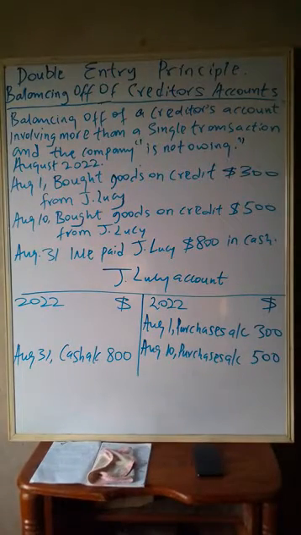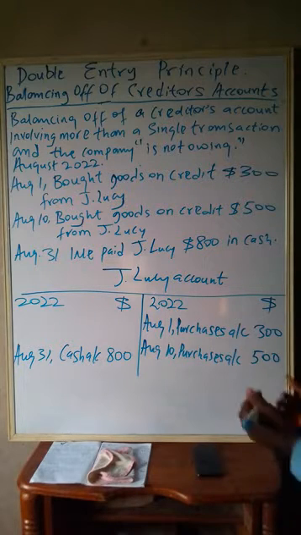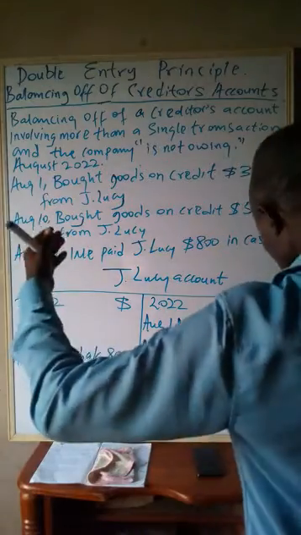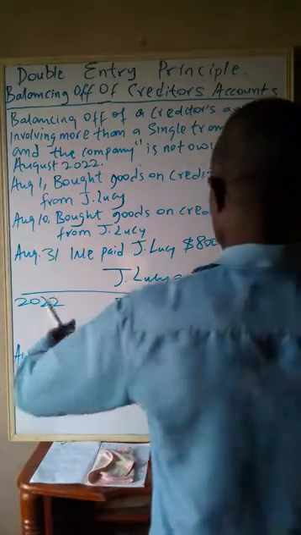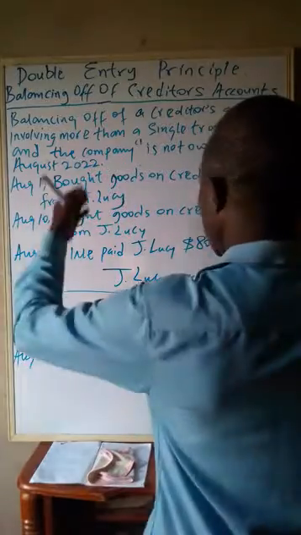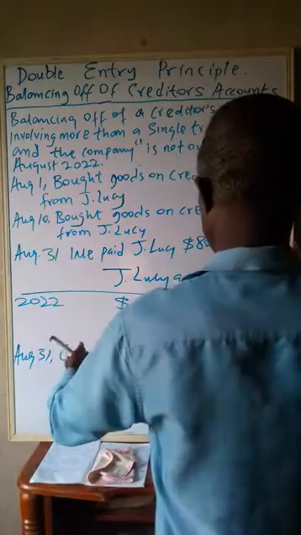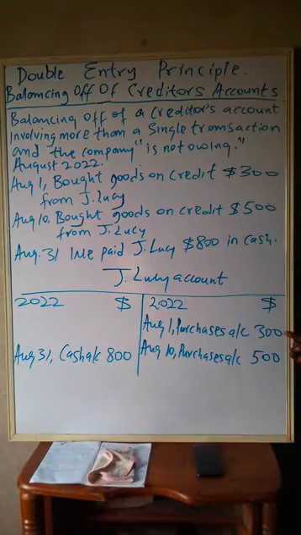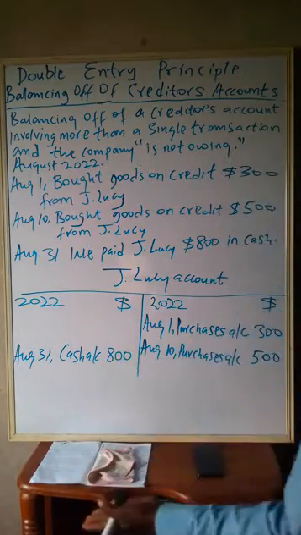That means you have balanced the account. What is balancing of an account? It is the practice of balancing the two sides with the same figure. Look at it: 300 plus 500 making 800. And this 800, that's the balance.